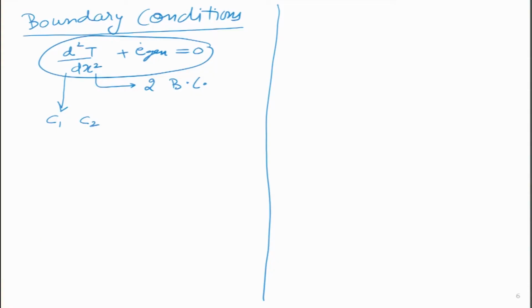The most useful boundary condition is the convective boundary condition. I will explain in a little while why it is the most useful, because once we study it, it automatically gives 2 or 3 more boundary conditions just by changing its own values.